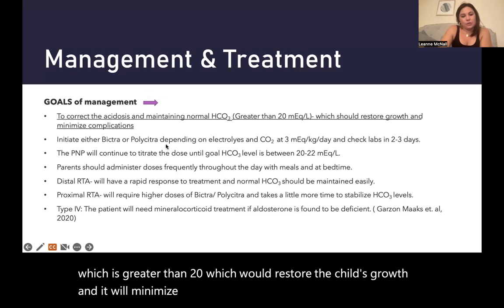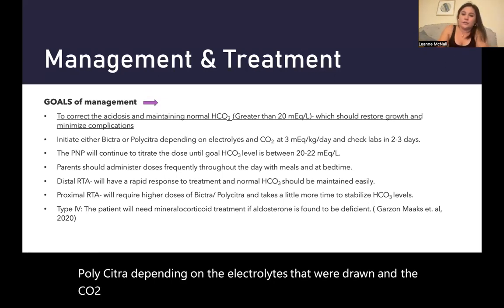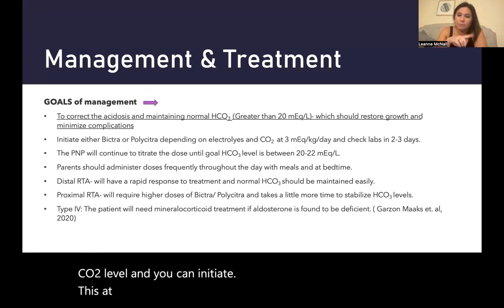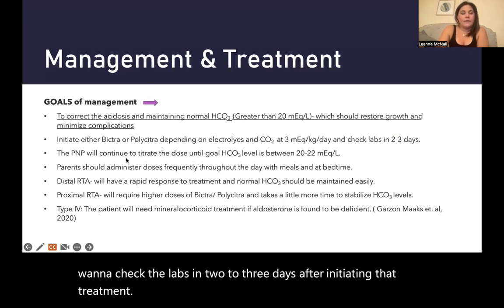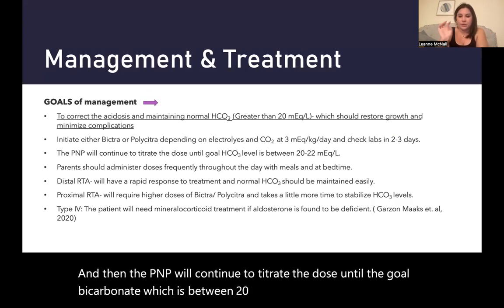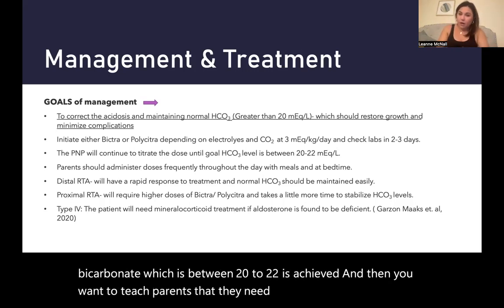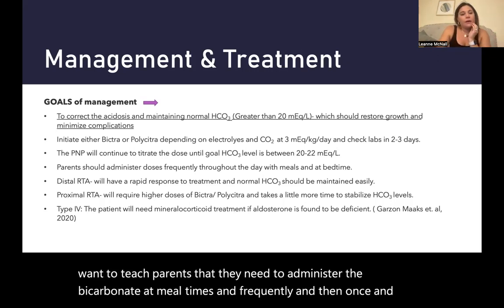You can initiate Bicitra or Polycitra depending on the electrolytes that were drawn and the CO2 level, at 3 milliequivalents per kilogram per day, and then check the labs 2 to 3 days after initiating treatment. The PNP will continue to titrate the dose until the goal bicarbonate, between 20 and 22, is achieved. And then you want to teach parents to administer the bicarbonate at meal times, frequently, and before bed.